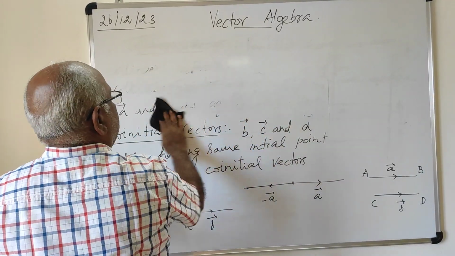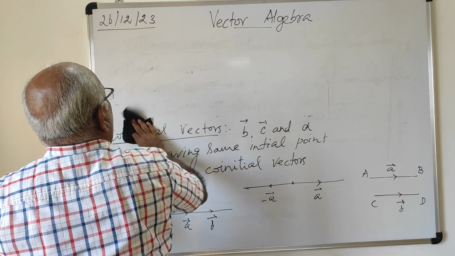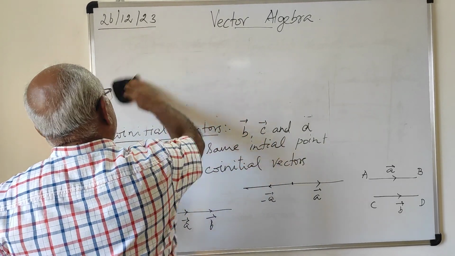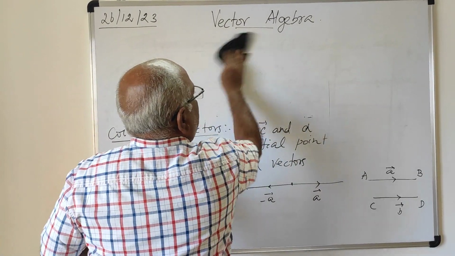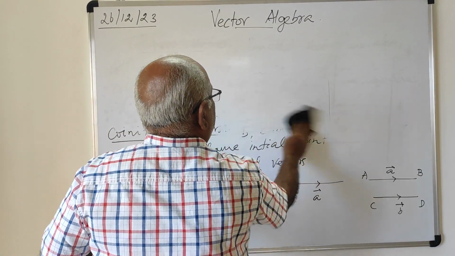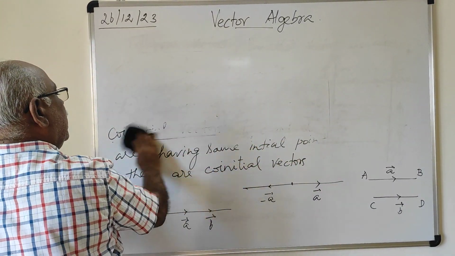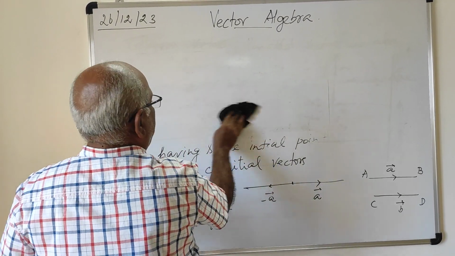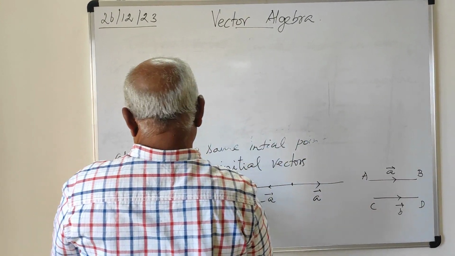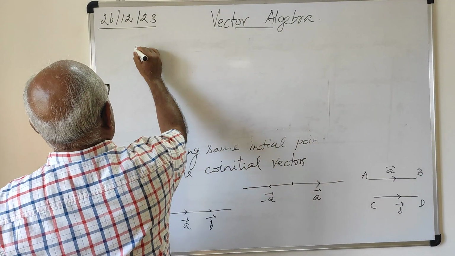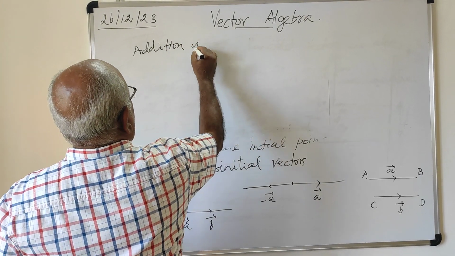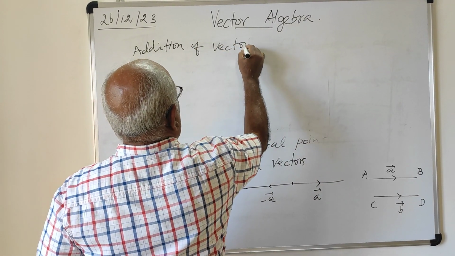Suppose two vectors A and B are two different vectors which are acting in two different directions. The next definition is addition of vectors.